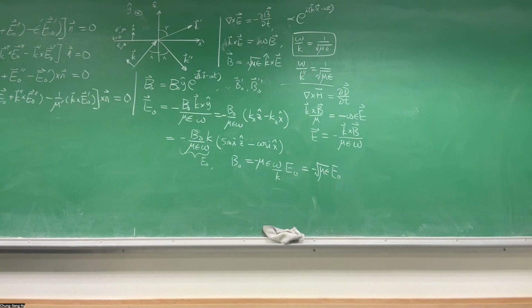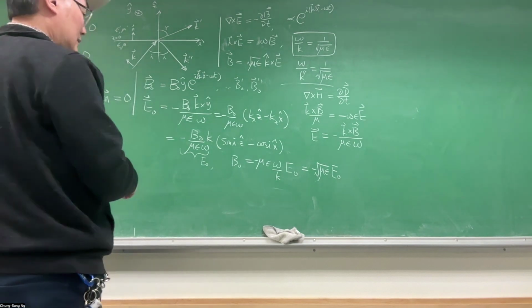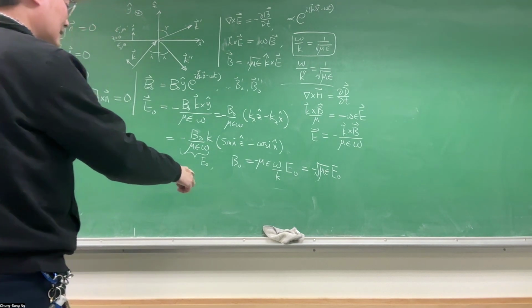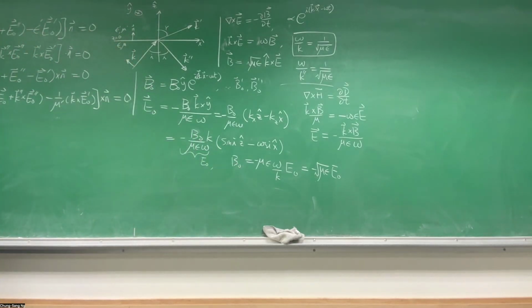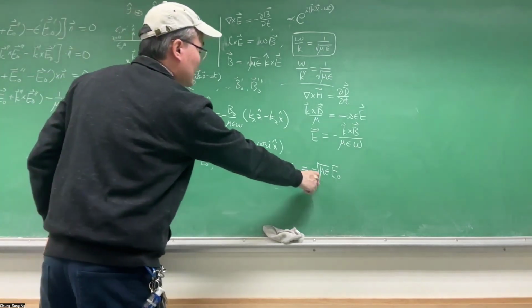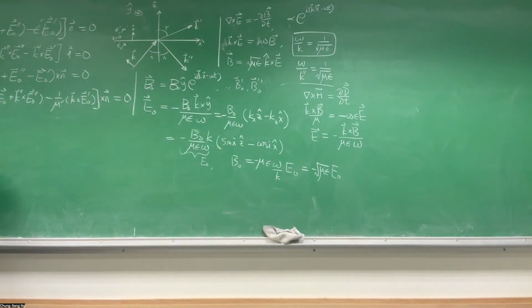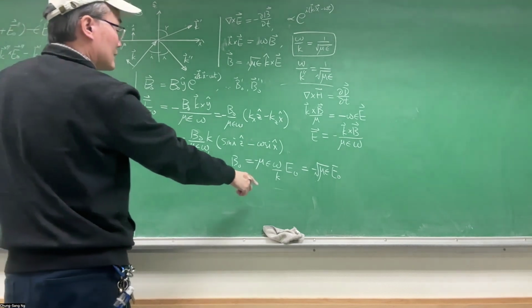All right, so that's so far. We are using this one for this one because you have k cos E0 is omega B0, and B0 is this one. You have a minus. Well, yeah, I'm actually not using this one. So you have k cos E0 is B0, which is that one, right?